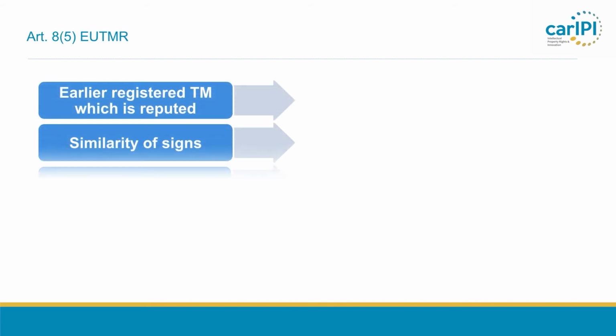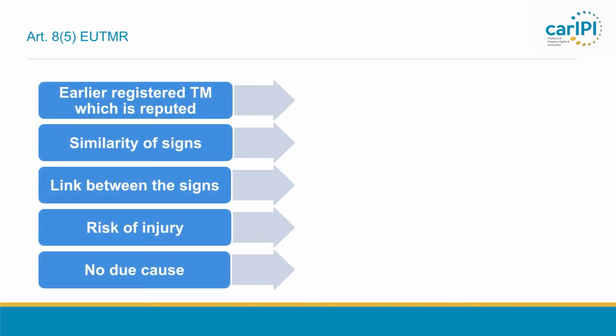And now I will talk about what the elements of Article 8.5 are. Article 8.5 specifically protects the other functions of the trademark, not the ones that are protected in 8.1(b), likelihood of confusion, which is the identification of commercial origin. It protects the other functions like guarantee of quality of goods, advertising function, investment, particular image.